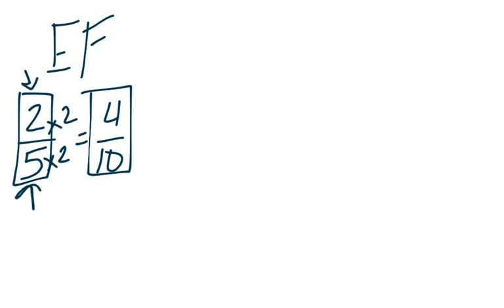We also talked about simplifying fractions. So I'm going to put SF for simplifying fractions. And when I do that, I have to divide my numerator and my denominator by the same number. If I had 6/8, both of these numbers are even, so I'm going to divide by 2.